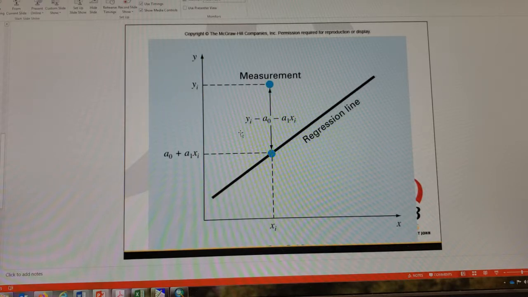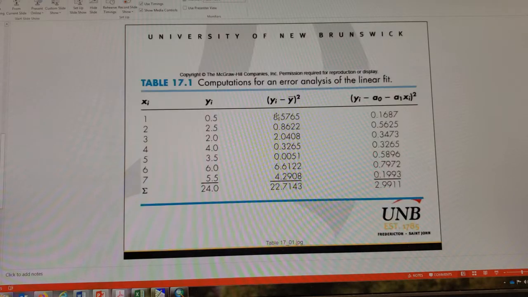So we're going to have data points all over the place, and this line represents the minimum distance between these points, between that line and the measurements. And we would call this distance here a residual, or the leftovers. So we get some kind of x value, we get some kind of y value.